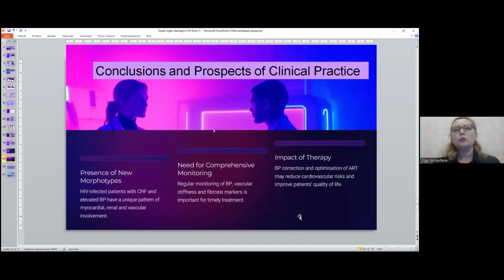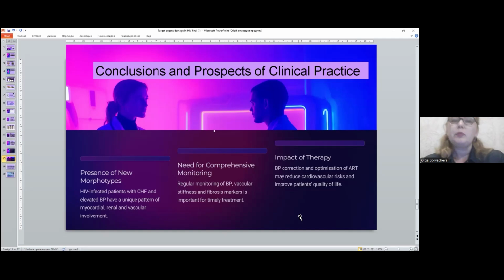Conclusion and prospects for clinical practice. Regarding this, my work presents new morphotypes of the HIV patient with chronic heart failure and elevated BP. It is a unique pattern of myocardial, renal, and vascular involvement with specific bone marrow changes.